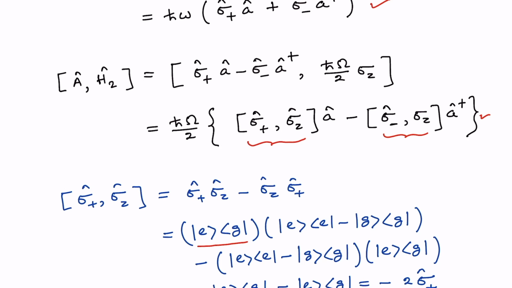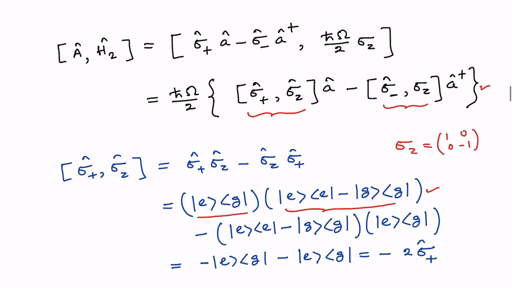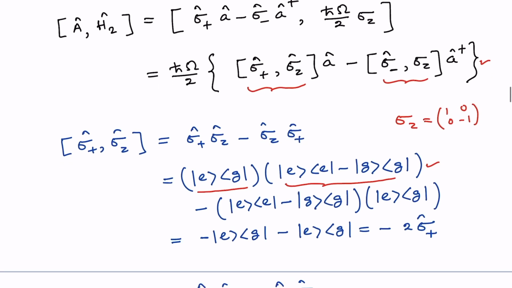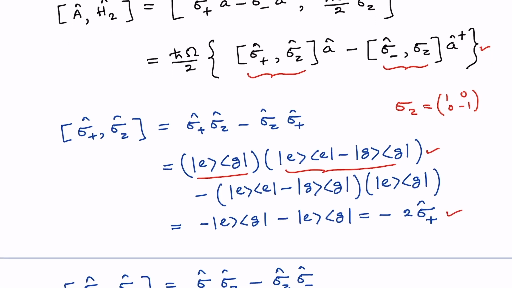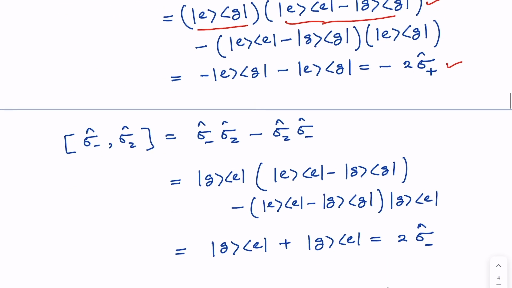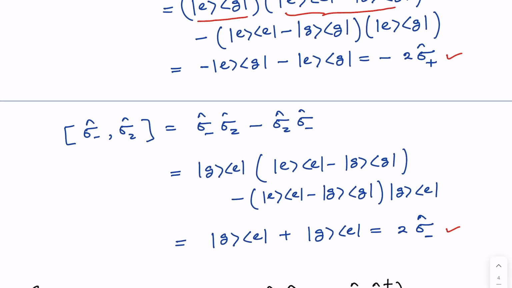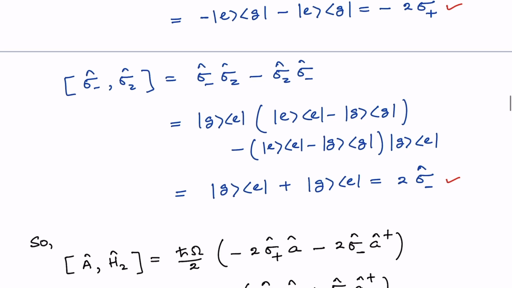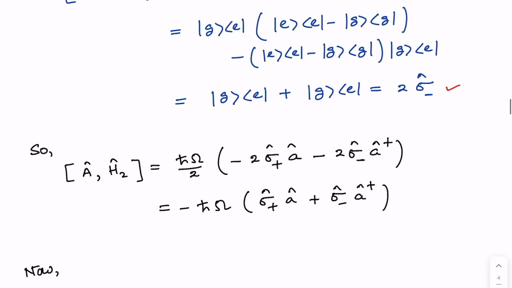And sigma z is the z component of the Pauli matrices, which is 1 0 0 minus 1, so in the basis of ket e and ket g, I can write it in this particular form. From there, the commutation between sigma plus and sigma z, if you work it out, gives minus 2 sigma plus. Similarly, the commutation between sigma minus and sigma z gives 2 sigma minus. Then using this you can find what A with H2 is.